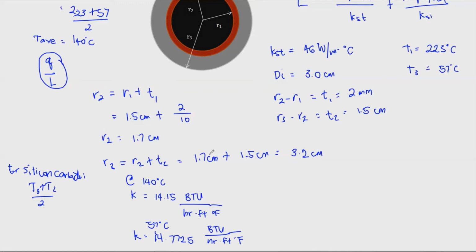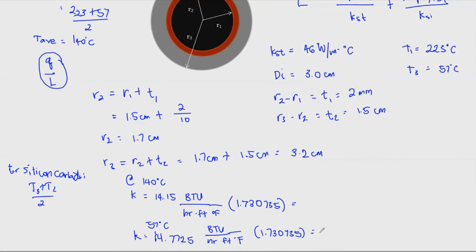I've already solved for the conversion of this English unit to SI unit. I will just be multiplying this with 1.730735 so that I can get the thermal conductivity in terms of SI units.